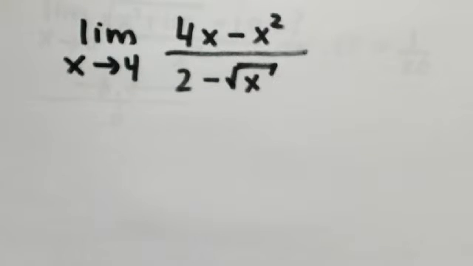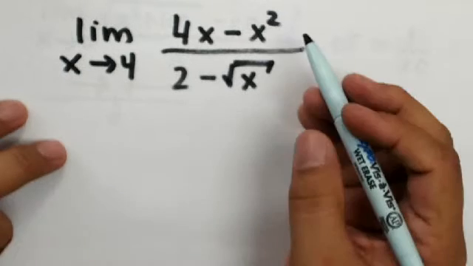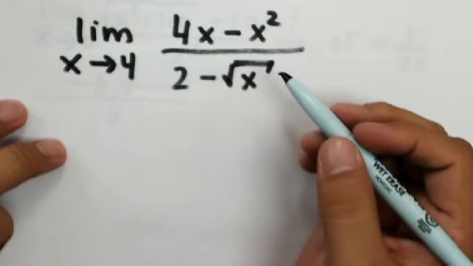We substitute. And that would give us zero over 0.